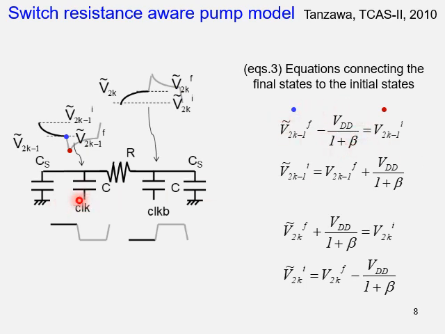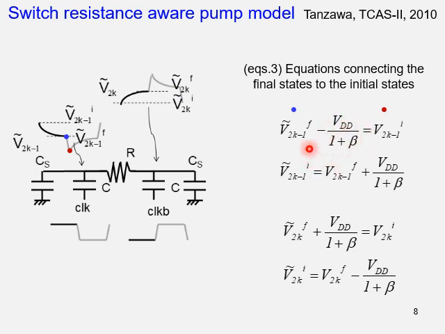When the clock amplitude is VDD, and the beta indicates the top plate parasitic capacitance divided by the charge bond capacity C, then the effective voltage amplitude is expressed by this term.